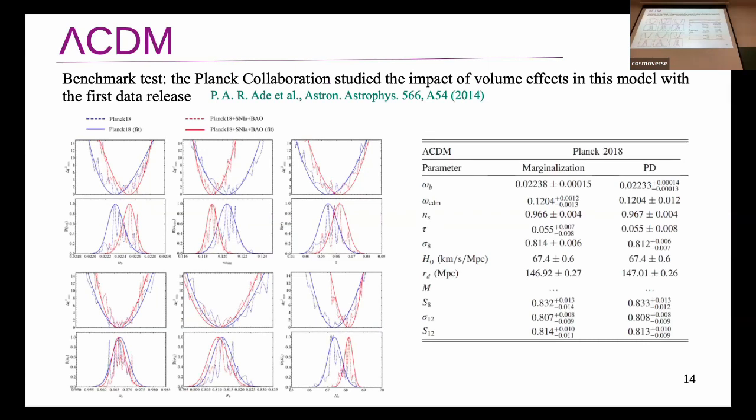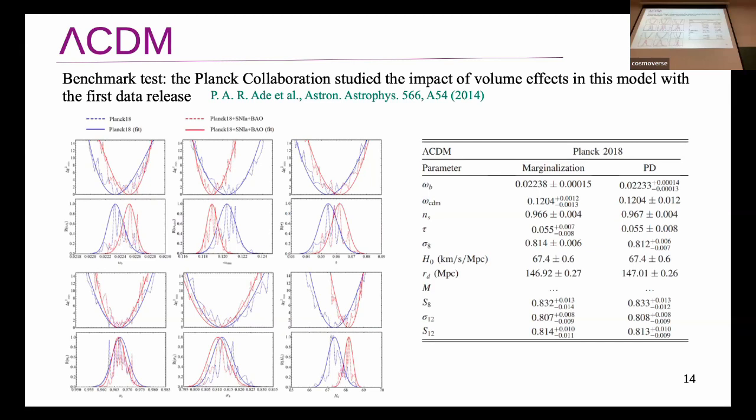I performed this as a benchmark test just to make sure that the method was behaving well. Notice that the Planck collaboration performed the exact profile distribution analysis in 2014, and they obtained that the results from marginalization and the profile distribution are essentially the same. There is no important difference. Why?